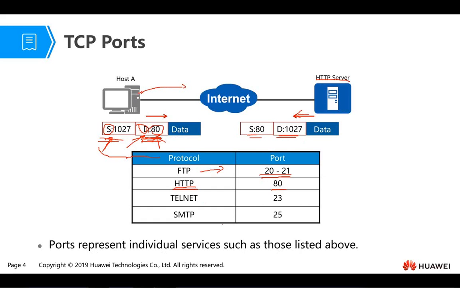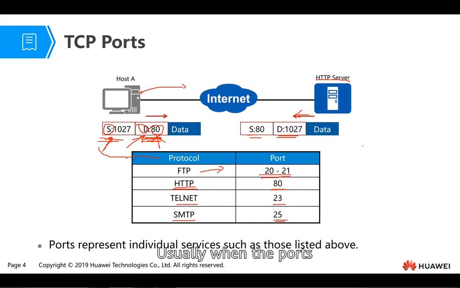Then Telnet uses port 23. SMTP, the Simple Mail Transfer Protocol, which is used for email, uses port 25. These are TCP ports. Of course, there are still many other ports.